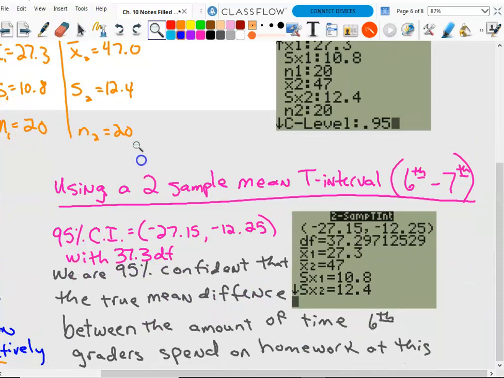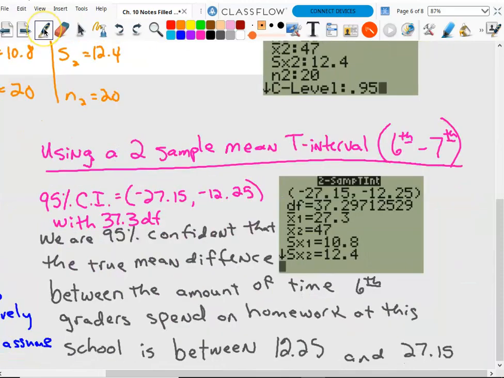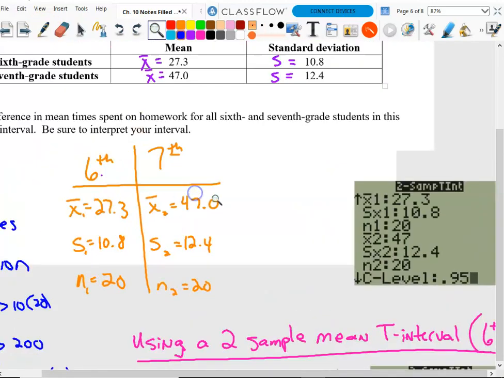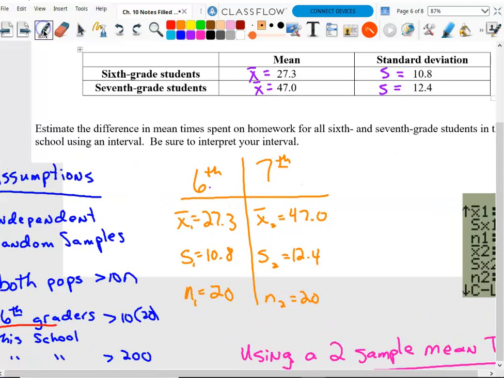Again, summarized. I need to come back to here. They wanted us to estimate the difference in the mean times. We're not checking to see if there's a difference. We're checking to see how big the difference is.